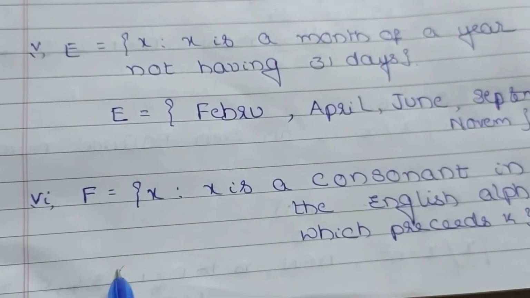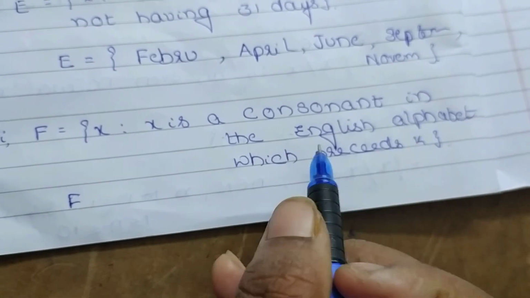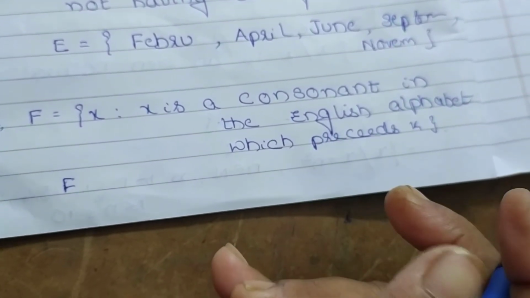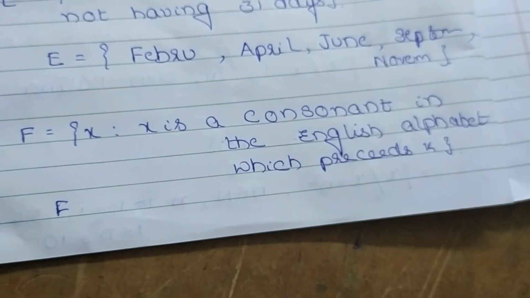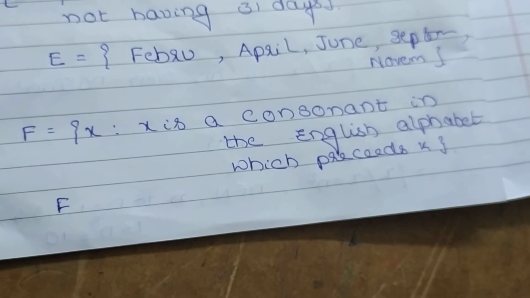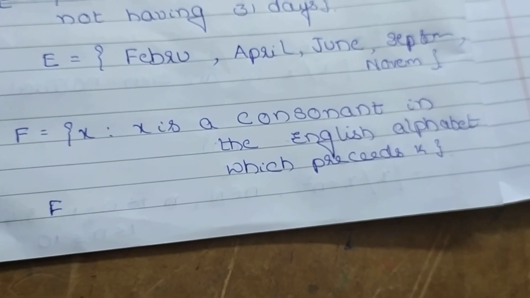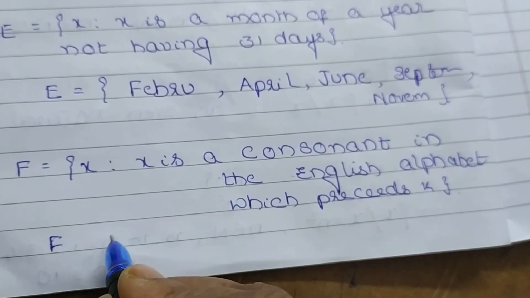Next, what is the sixth one? X is a consonant in the English alphabet which precedes K, means other than A, E, I, O, U. Whichever alphabets are there before K, other than A, E, I, O, U, we should write. So what is this?